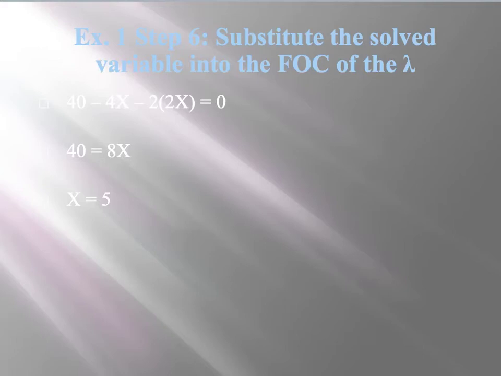Again, this is all zeroed out in this constrained optimization format. And then from there, it's basic algebra we can solve. So we have 40 minus 8x is equal to 0. And then you can bring the 8x over to the other side of the equation, and you have 40 is equal to 8x. Divide out by 8, and you should get x is equal to 5.